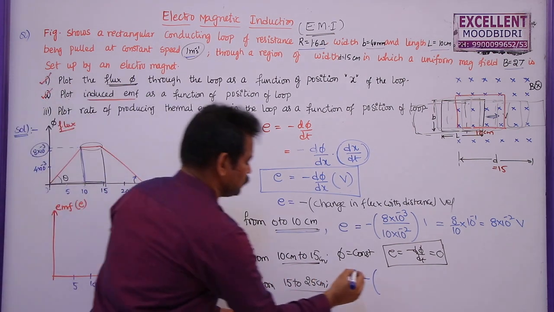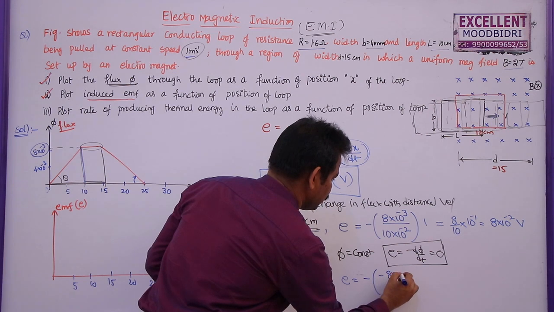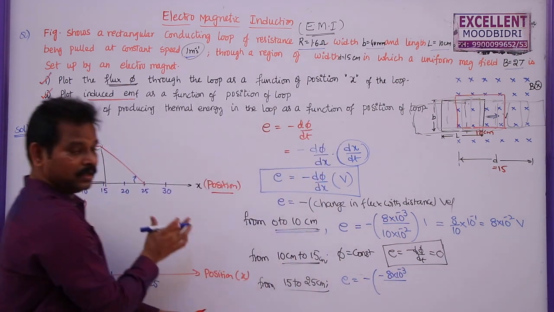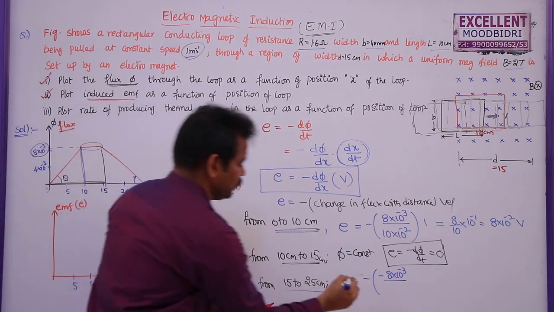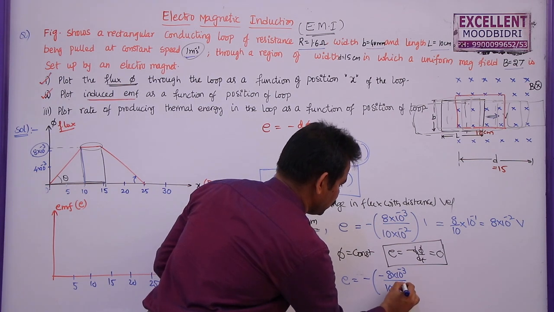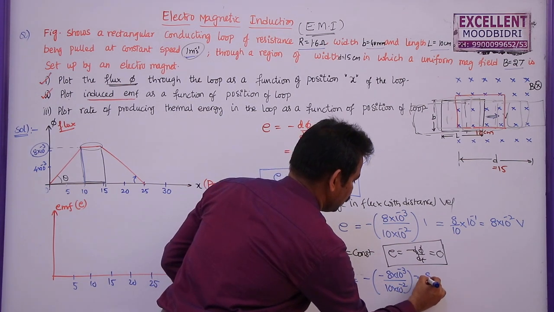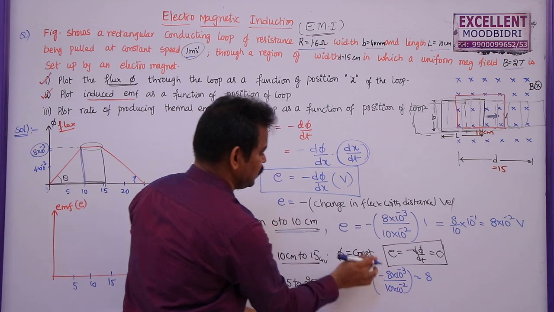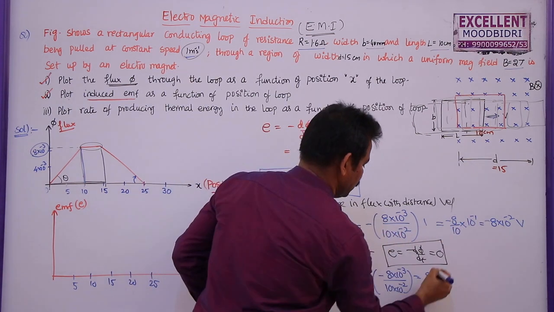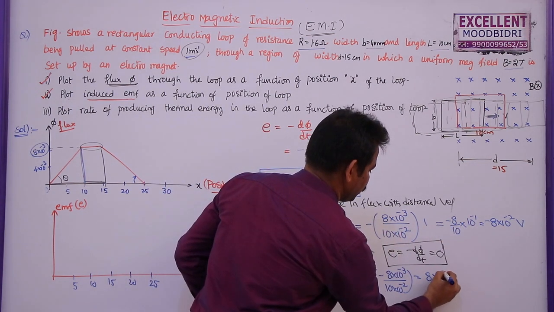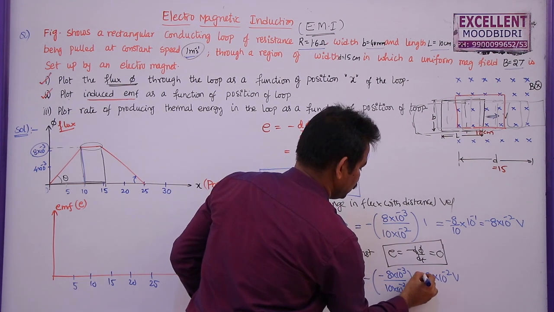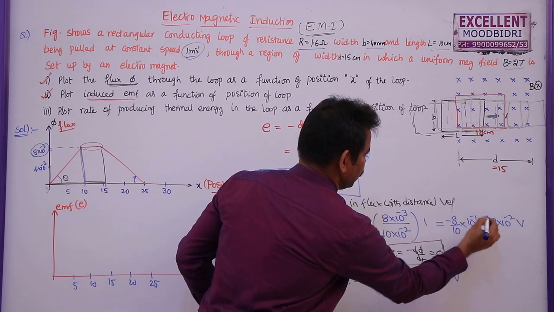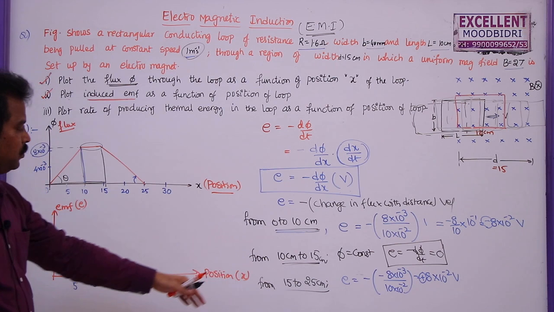So the change in flux will be minus 8 into 10 power minus 3 divided by this distance, once again 10 centimeters, so 10 into 10 power minus 2. The two minus signs give a positive value, so this is 8 into 10 power minus 2, but the sign is positive here, whereas it was negative before. So these are the EMFs induced in this position.